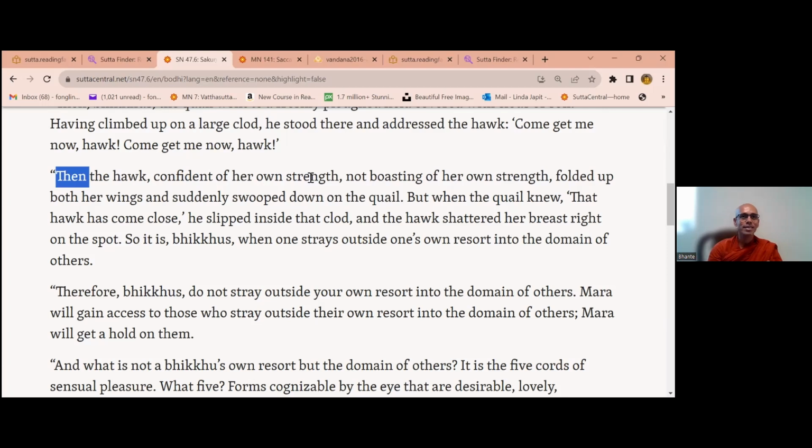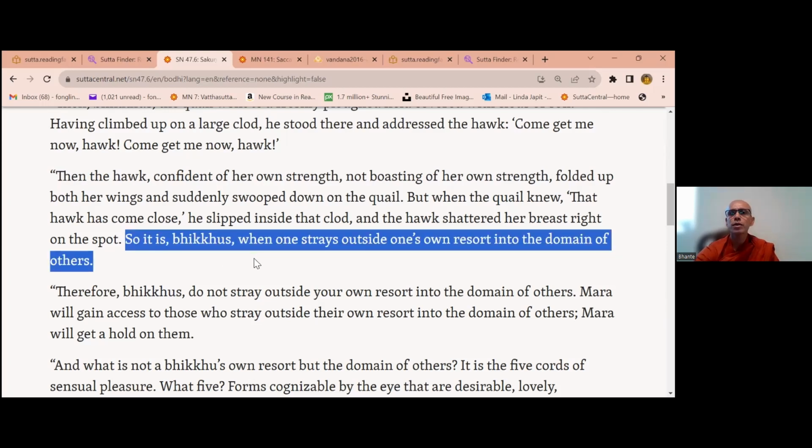He needs maybe one second or something. When that big bird was coming down to grab him, it didn't have any control. That was a big accident. He died. So it is because when one strays outside of one's own resort into the domain of others.